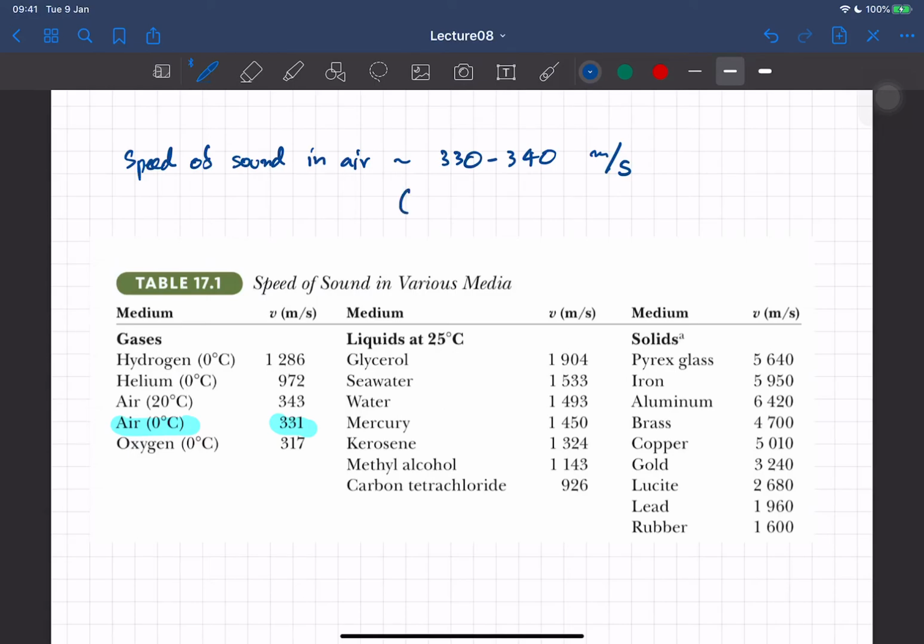And it actually depends on the temperature. As you can see in the table here, air at 20 degrees Celsius is actually faster than air at 0 degrees Celsius. Okay, so if you don't know exactly the temperature, then you can just use some value between these two values here.